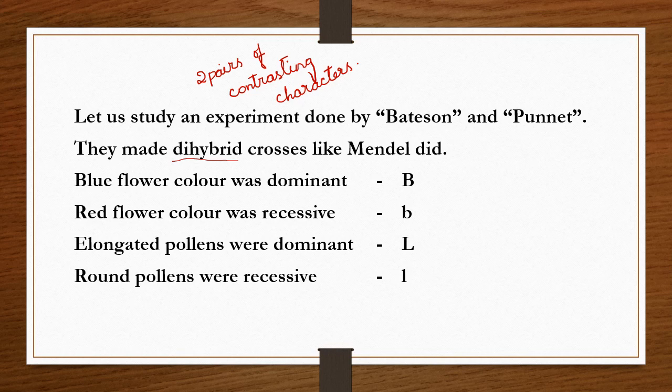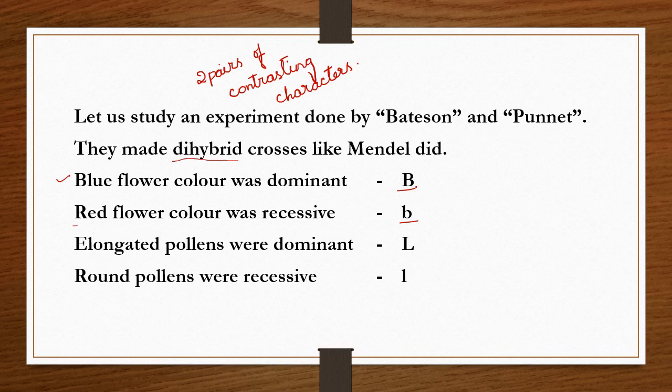Here the first character, blue flower color, was dominant. It is represented with capital B. Red flower color was recessive. So the dominant color is blue, the recessive color is red.